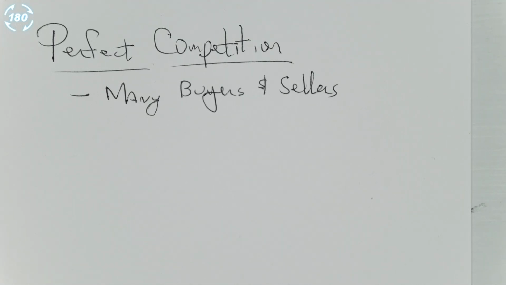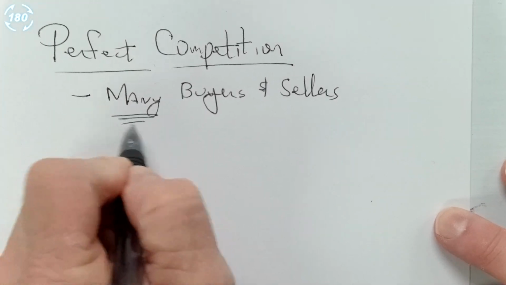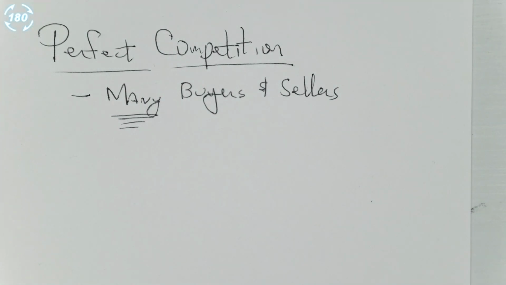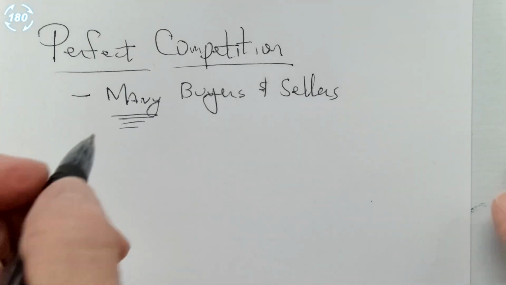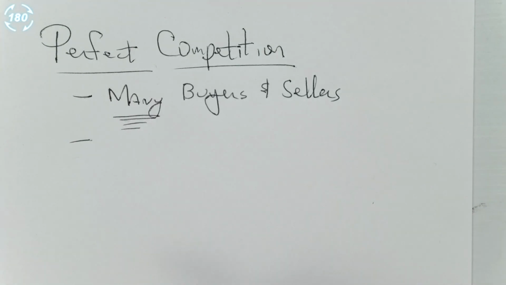The thing is, they are operating in a very competitive market because they're just one of many. Even though they're the largest in the world, perhaps, with 500,000 acres, they're just one of many sellers. And we're going to see there's certain constraints that kick in because of that, because they're just one of many.